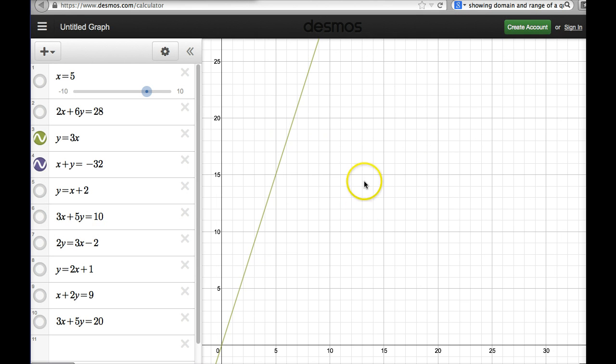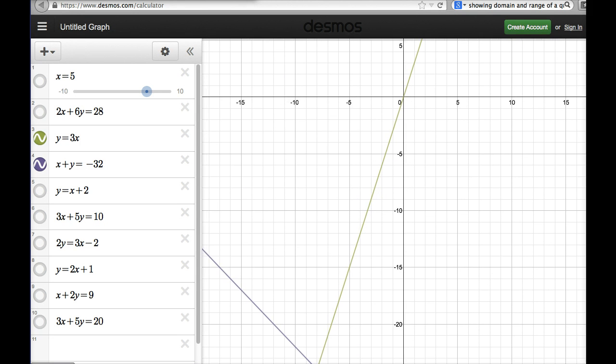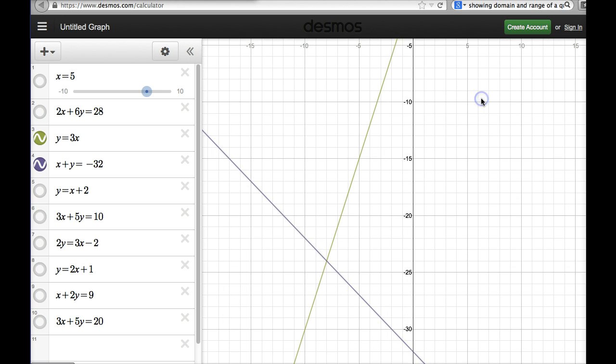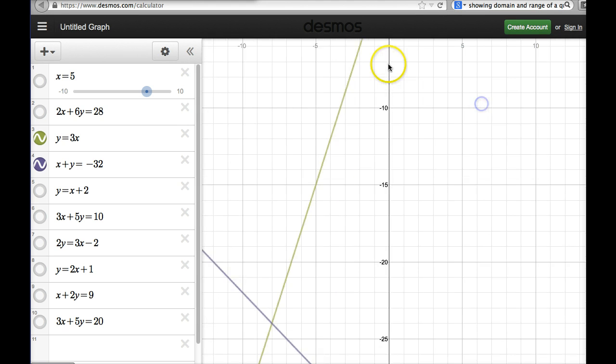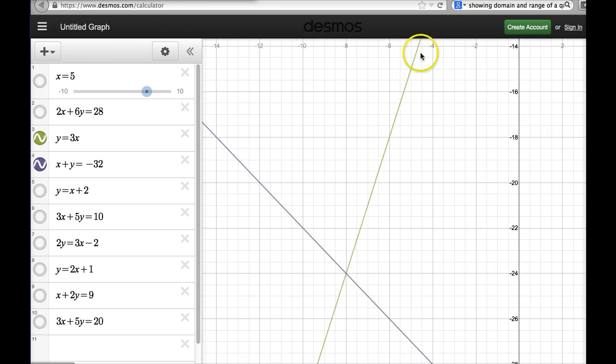So I know that it's actually going to intersect down here, and there it is. Okay, and so if I look over here, negative 8, come down here to negative 24, that is that point of intersection. So you can see it visually if you graph your two lines.